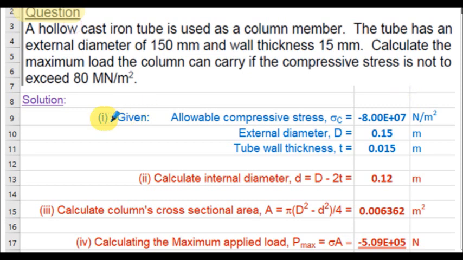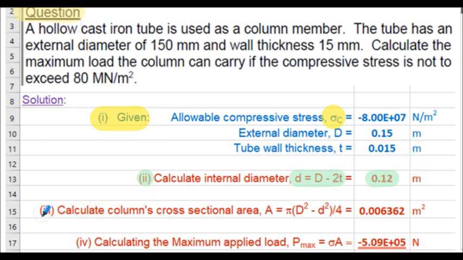So again, my step 1, extracting information from the question using Greek symbols as before. Step 2, I've calculated my internal diameter. Just notice I've written the formula I'm using here. Then the spreadsheet has actually evaluated the internal diameter d, given the information above.